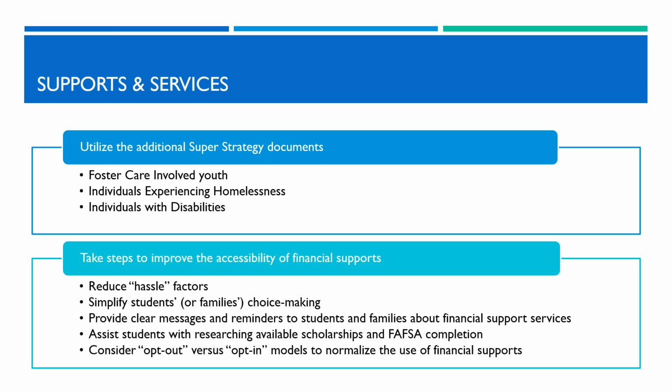You know, we can come up with some overarching strategies and some general guidance, but it really is based on the individual. And so we want to make sure that we are looking at each individual student and their life experience and how that's impacting them now and possibly throughout their academic career. So be sure to look at those additional super strategies documents as well.